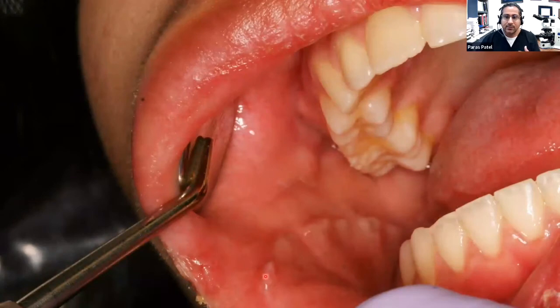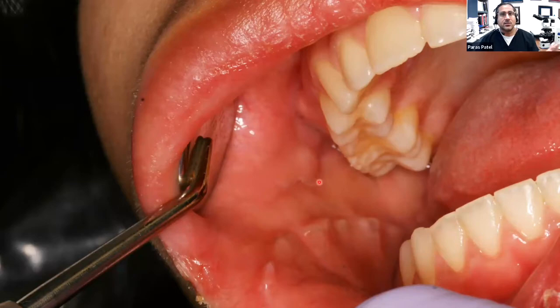So this was the areas of the brackets, and again, linear. But if you look away from that, in areas even higher away in the vestibule, we have just a little bit of this cobblestone-like appearance, or these undulating areas that are not consistent with a smooth mucosal surface. And so we ended up doing a biopsy on this patient.